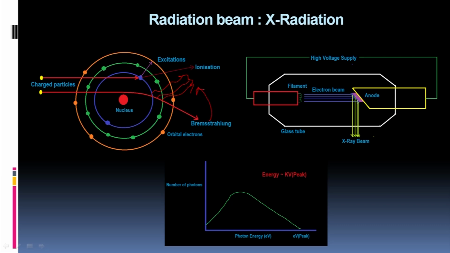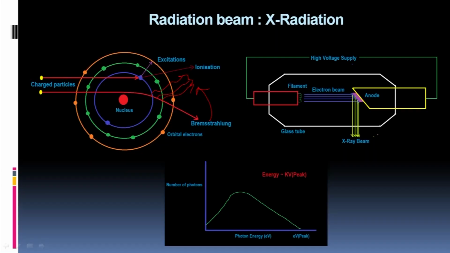In X-ray production, we know there is a tube in which a high vacuum is created, with one filament that acts as a cathode, and one anode that is positively charged, kept inside this X-ray tube.